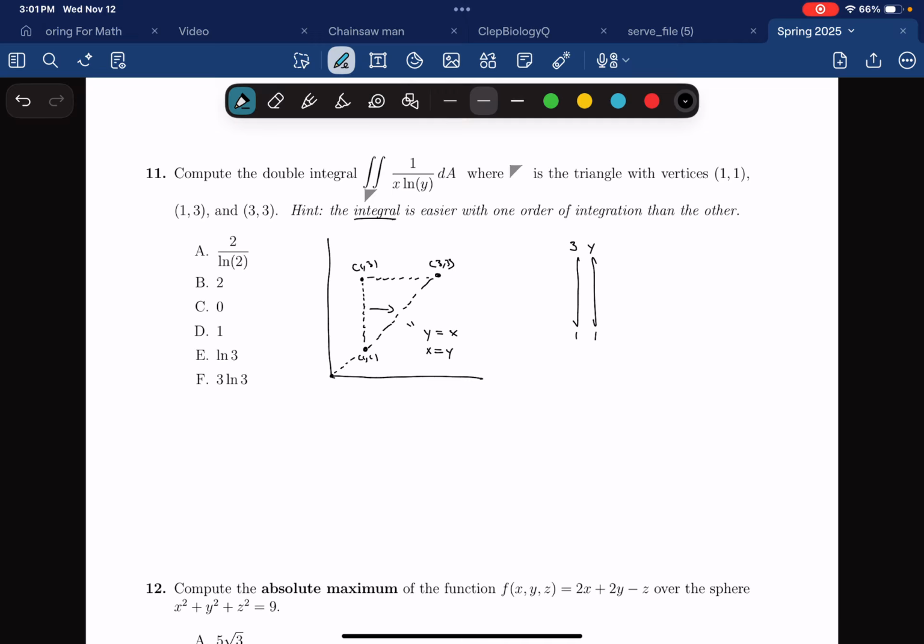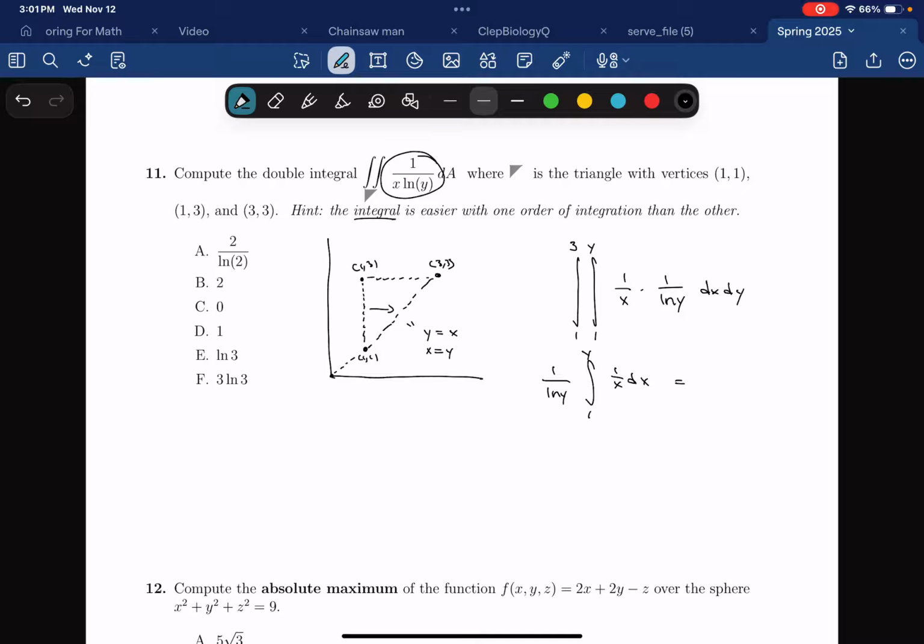And then there's this cool little trick you can do. Instead of evaluating 1 over x times natural log of y, you can just say 1 over x times 1 over natural log of y, dx dy. So you take the 1 over natural log of y out, and integrate from 1 to y, 1 over x dx.